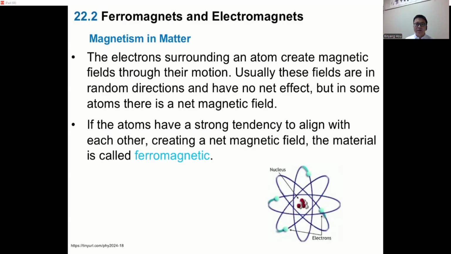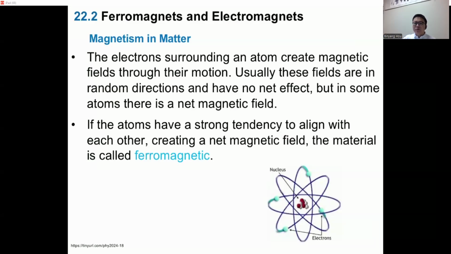And currents, as we'll learn in a couple of slides later, produce magnetic field. But since there are so many electrons in an atom, and from atom to atom, the orientation of the magnetic field from each electron is random. So they kind of cancel out.